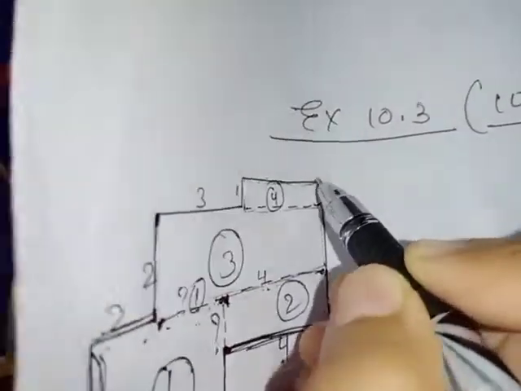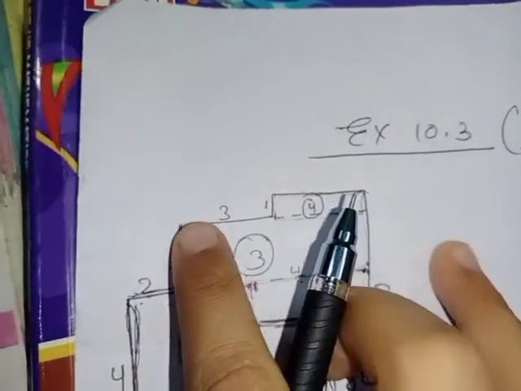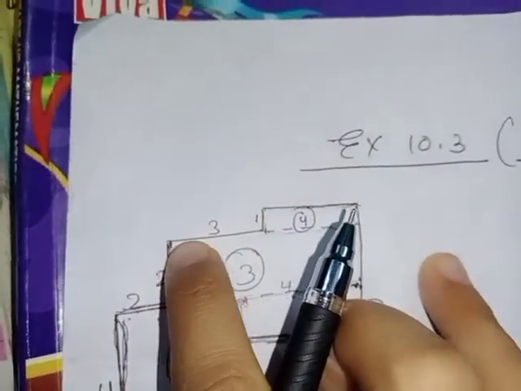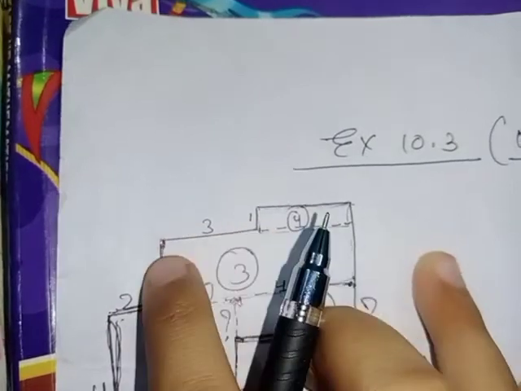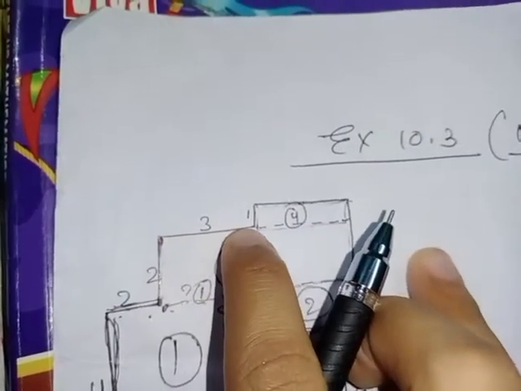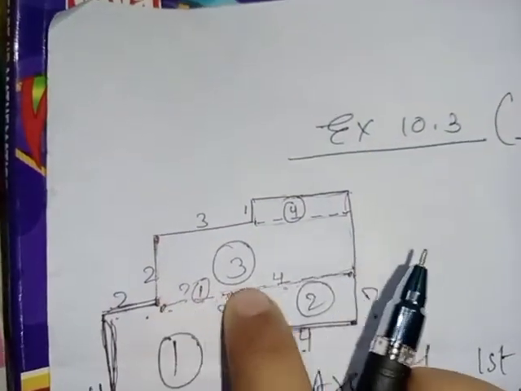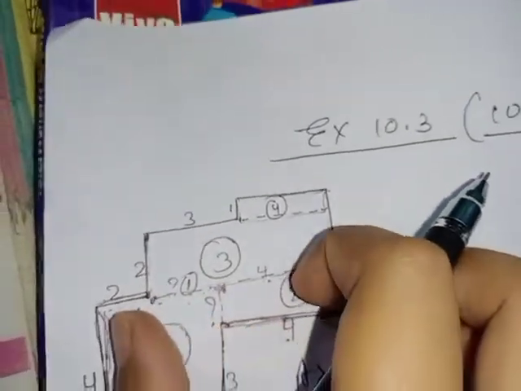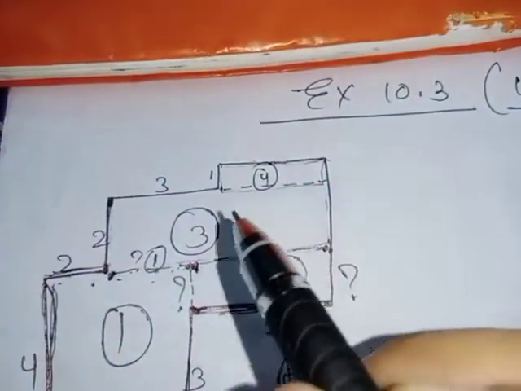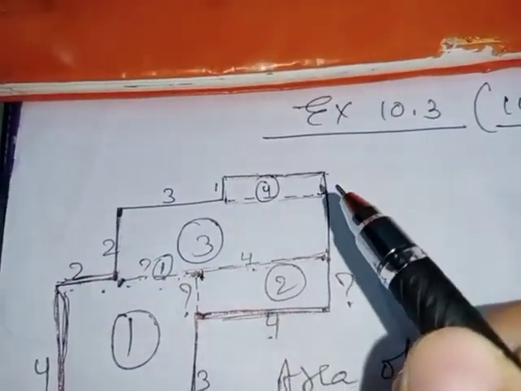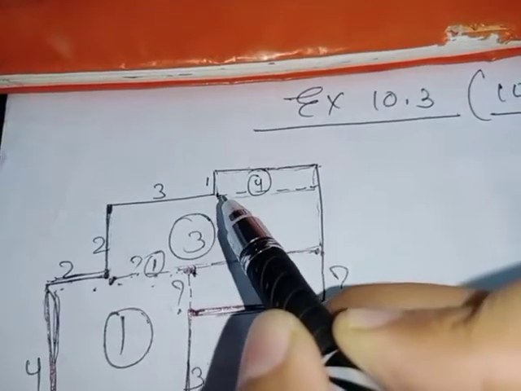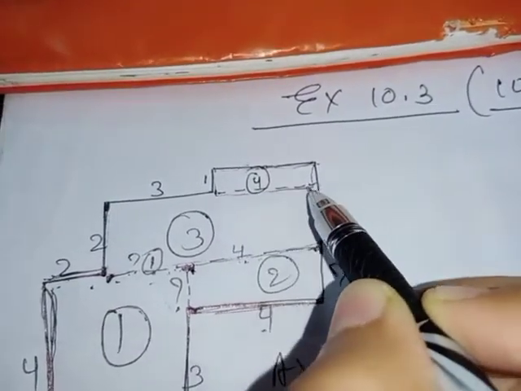If you see, from here till here is given 3. This much is 3. Okay, and this complete we found out is 5. Okay, you can see. We want the length only of this much. This much we want the length, right?